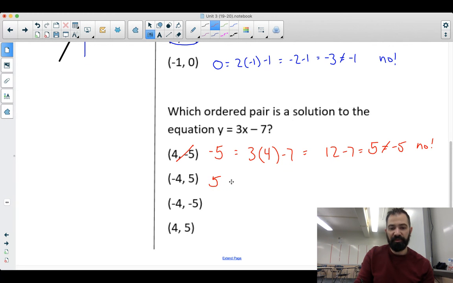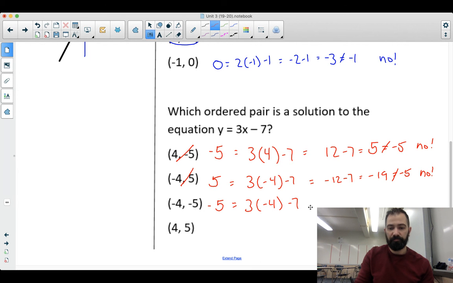Let's try our next one. Y is 5 in this case. 3 times -4 minus 7. -12 minus 7, which is -19. Does -19 equal 5? No. Now we have the same equation here, which we said was -19.